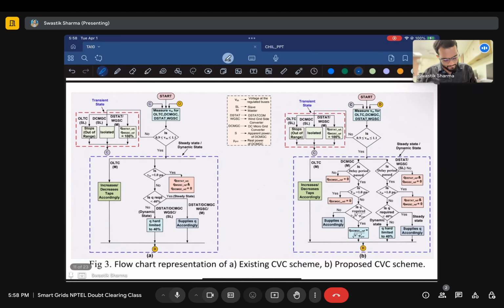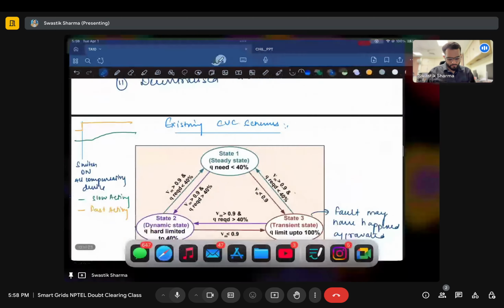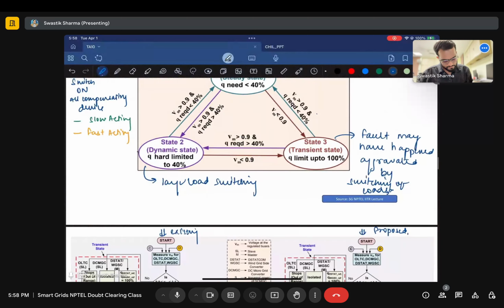So this part of the scheme is the existing one, and this part of the scheme is the proposed one, right? So two things that we saw here were reaction time of slow.